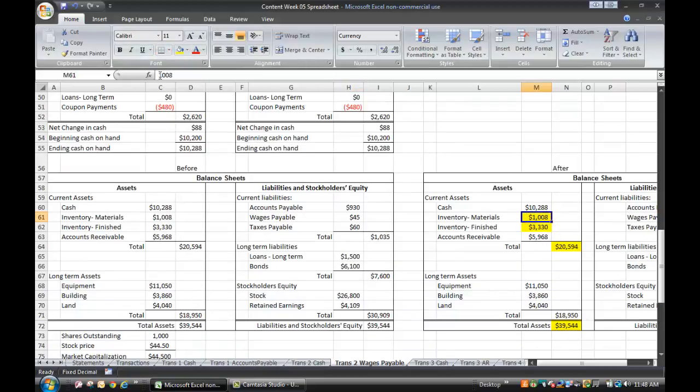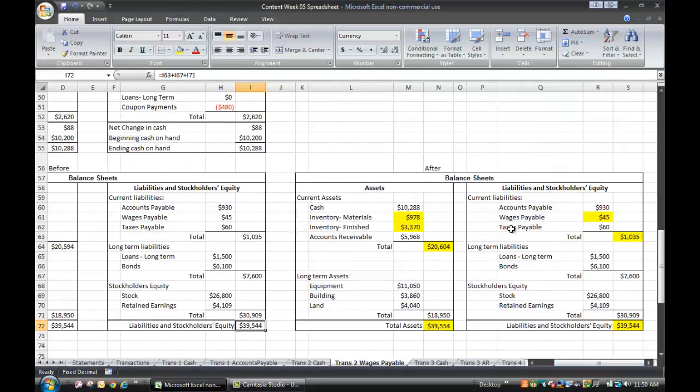Inventory materials, once again, goes down by 30. Inventory finished increases by 40. And now we're up to 39,554. 39,554 is $10 more than 39,544.